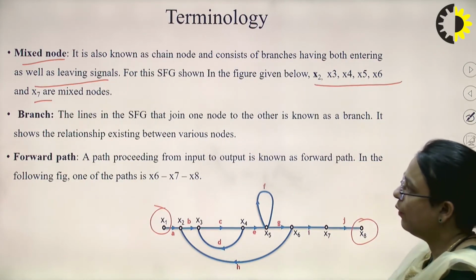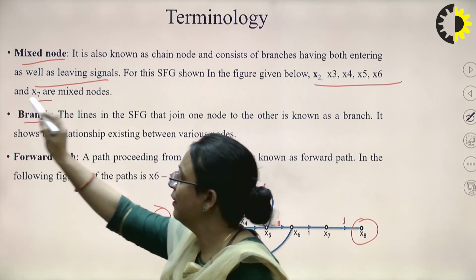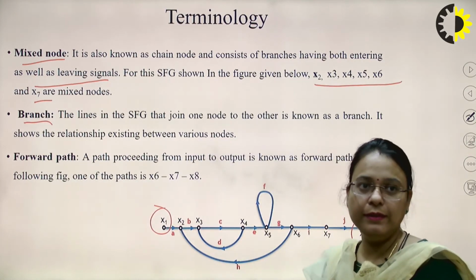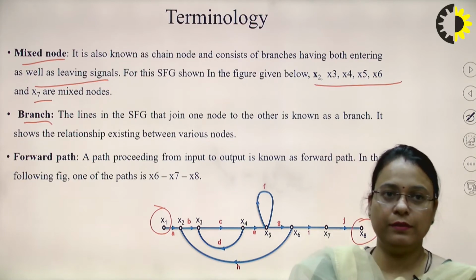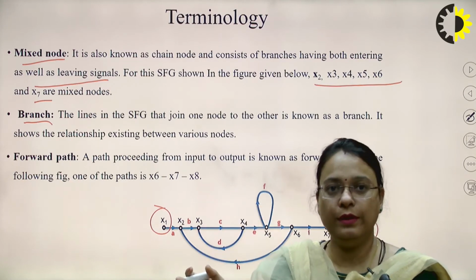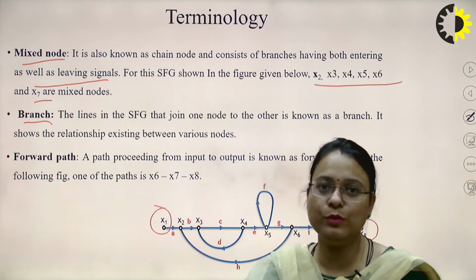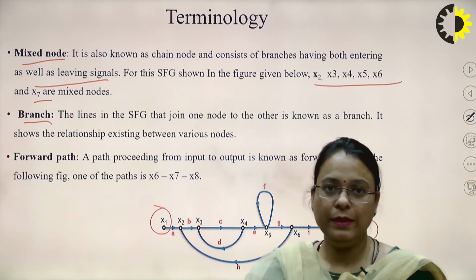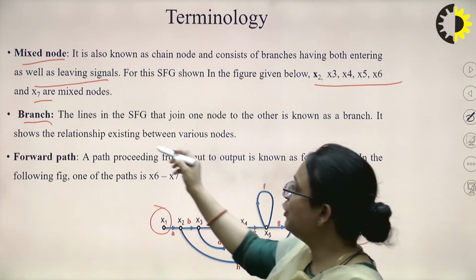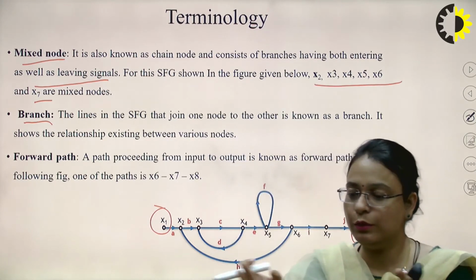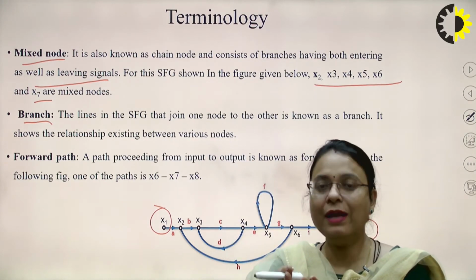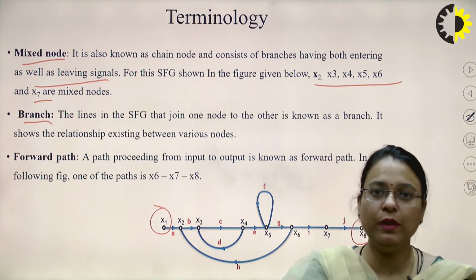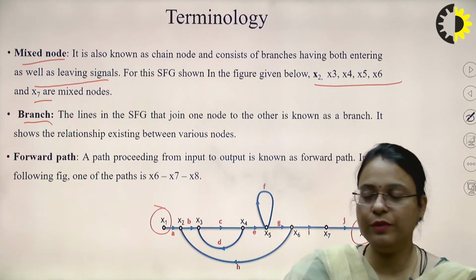Now what is a branch? I have already discussed that the lines which are joining one node to another node in the signal flow graph are known as branches. This branch shows the relationship between the two nodes. A branch is associated with an arrowhead as well as with a transfer function.